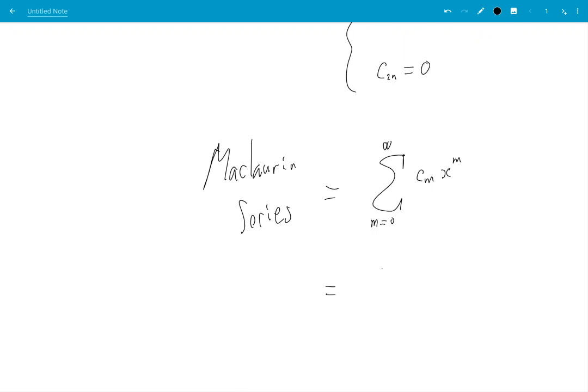And when m is odd, you get the non-zero terms. So this is all the terms, even and odd. And then here I'm writing just the odd terms because the even ones are going to end up being 0.